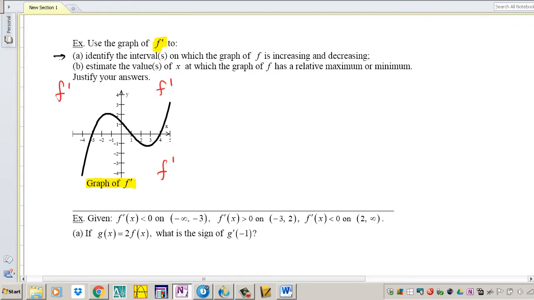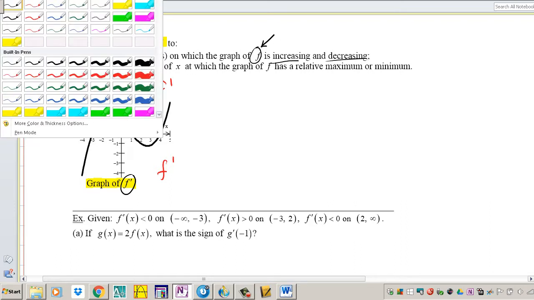Letter A, identify the intervals at which the graph of f is increasing and decreasing. Now notice, the graph provided, what graph is this? It's the graph of f prime, but they want you to find the intervals at which f is increasing, not the derivative.